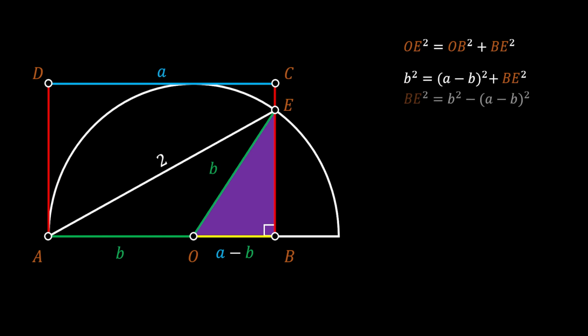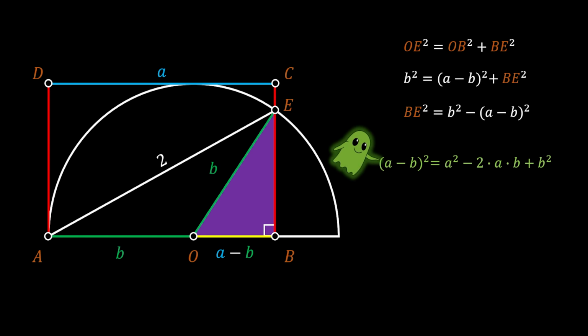Now we can simplify this and say that b squared is equal to x squared plus the quantity of a minus b, squared. Now we will use the formula for the square of a binomial. Just to remind you, the formula states that the quantity of a minus b, squared is equal to a squared minus 2 times a times b plus b squared.